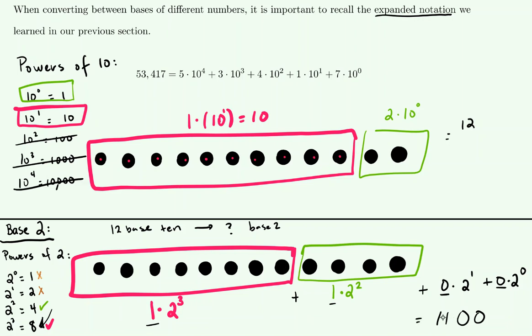And the digits are 1, 1, 0, 0. And then since it's base 2, you make a subscript, so smaller, in the bottom left corner of the number to indicate that this is 1100 in base 2, which would be very different than 1100 in base 10. Okay, so it's 1100 in base 2.